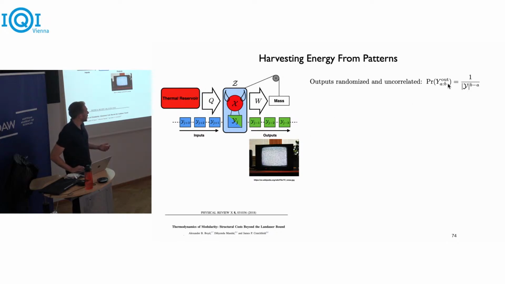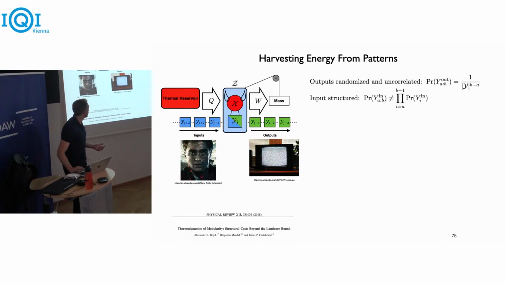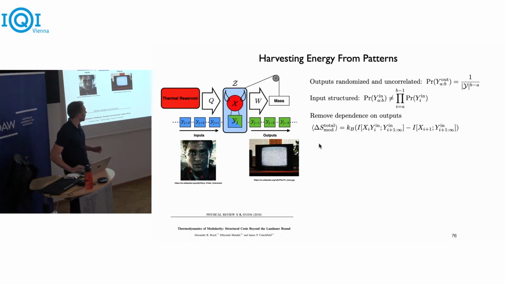It basically means the probability of your outputs is uniform. By contrast, your inputs have some patterns. Say they're the collected works of Harry Potter. And these sorts of processes cannot be expressed as a product of marginals. And if that's the case, then we can basically eliminate the output variables from our expression, and we have a simplified difference of mutual informations equal to our modularity dissipation.